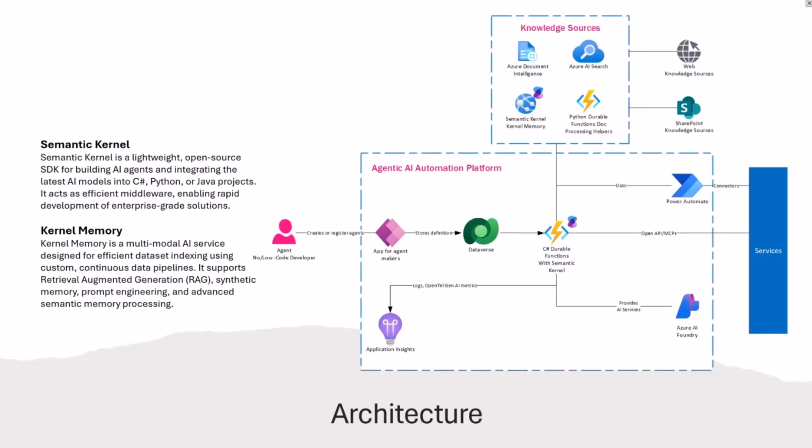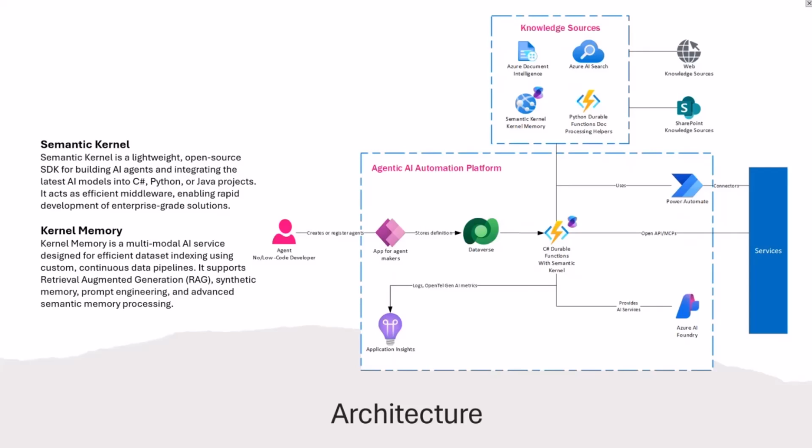But starting from the very beginning, there is a model-driven app where you can define agents, tools, and knowledge sources. All of that is, of course, saved in Dataverse. And then the engine is a C# durable function with the mentioned Semantic Kernel. That's why there's this small icon in the top right corner, which orchestrates everything.